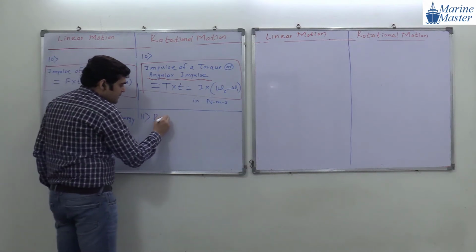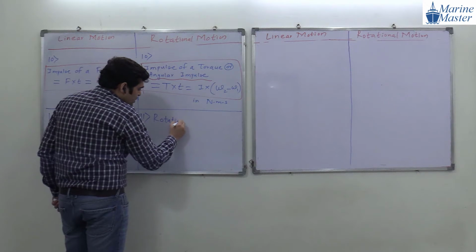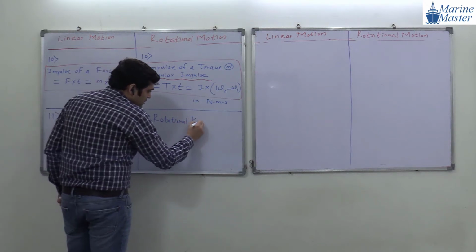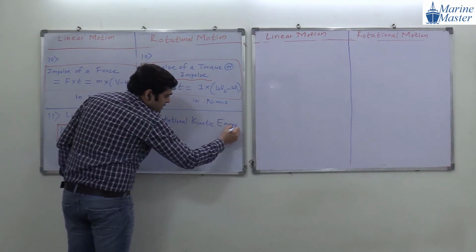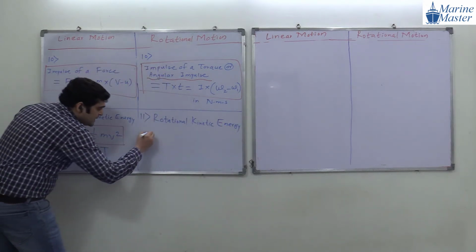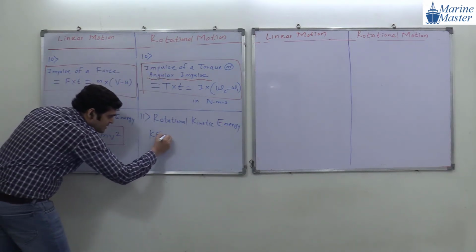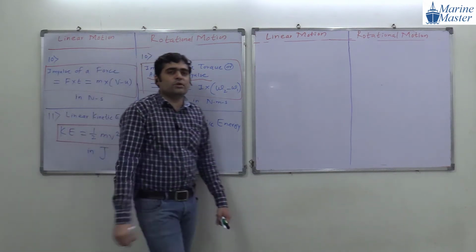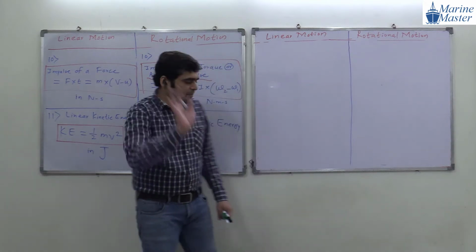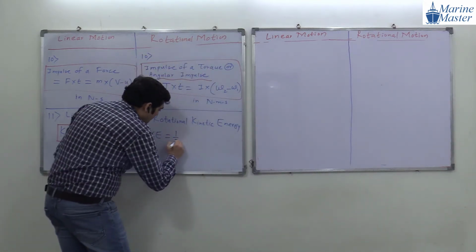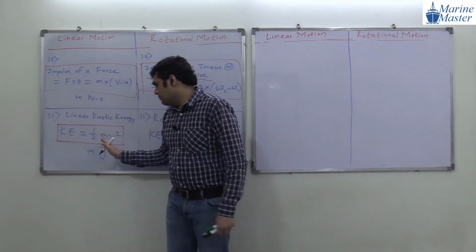So what we can say next? Rotational kinetic energy. What is the expression for rotational kinetic energy? Observe this one. Half, I will keep it like that. After half, here we have a mass.